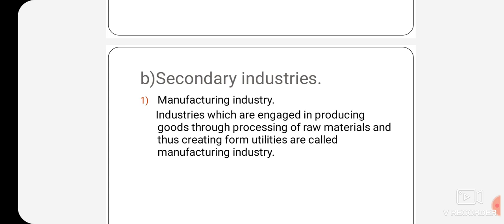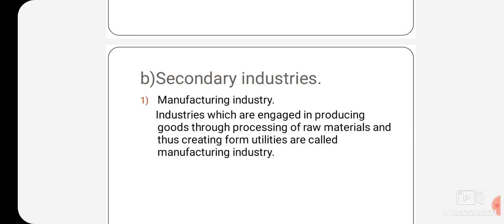That means the products which have already been extracted from the primary industries are going to be utilized by these secondary industries. The secondary industries convert raw material with the help of machineries and technology, and make it available to the place of consumption. That is about secondary industries.